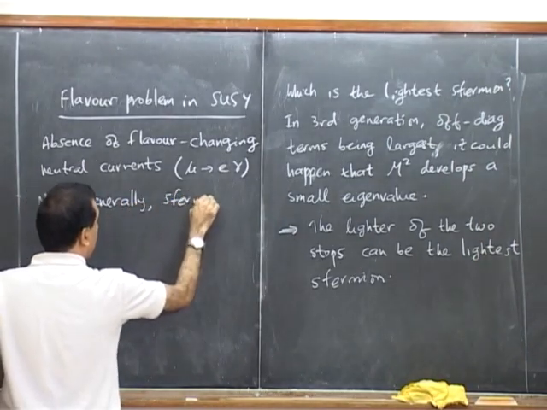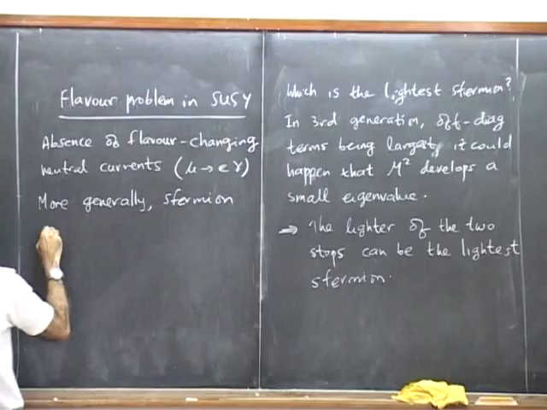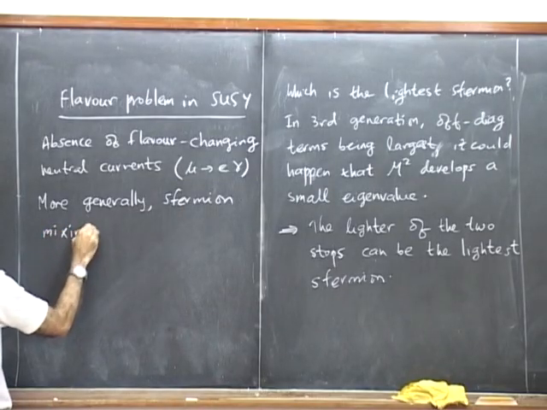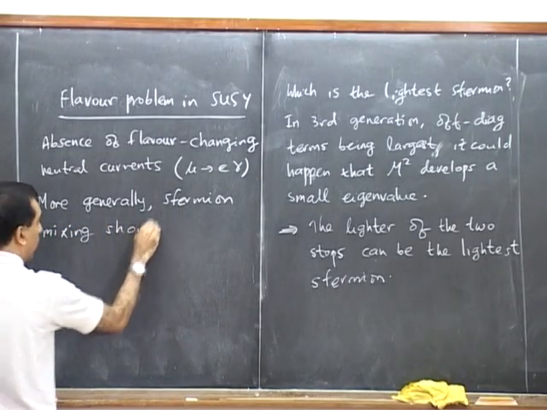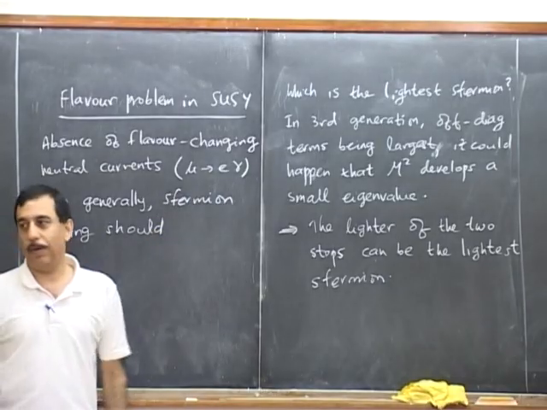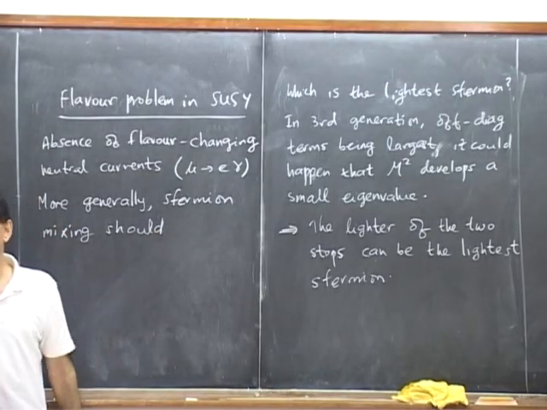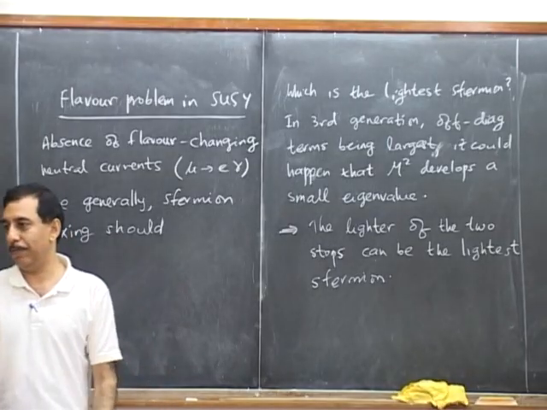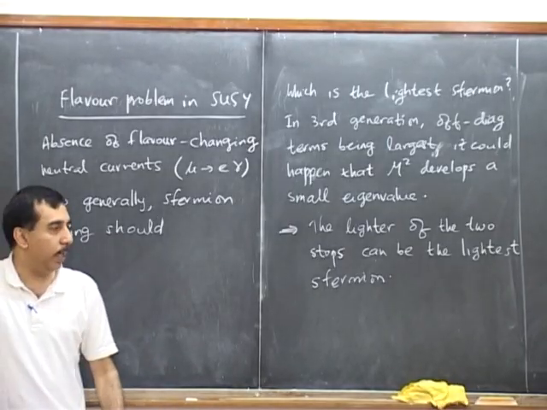fermion mixing should not. See, fermion mixing is a fact at tree level. We have no prejudice about what the masses of these fermions are, since we never found any fermions yet. So we can live with anything.